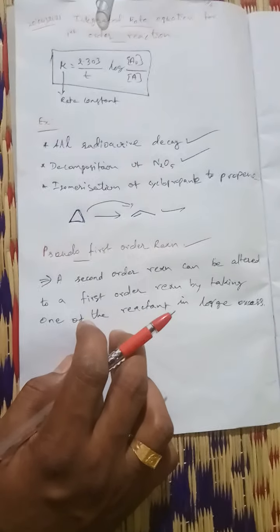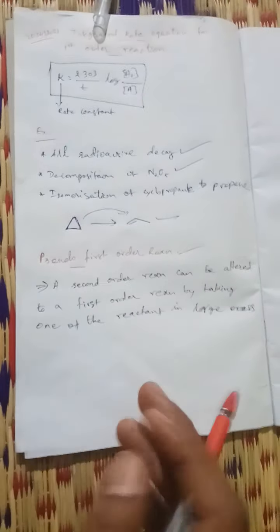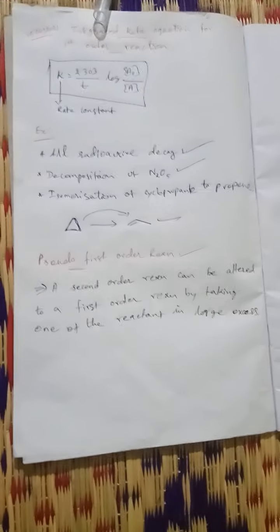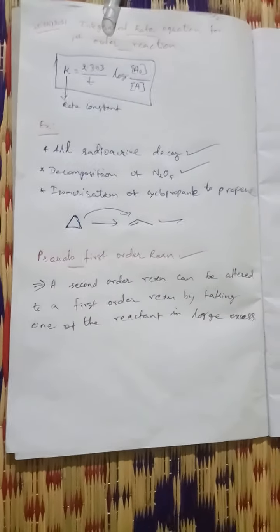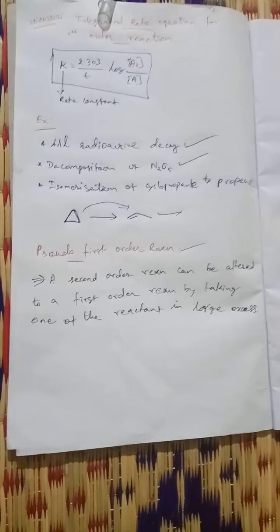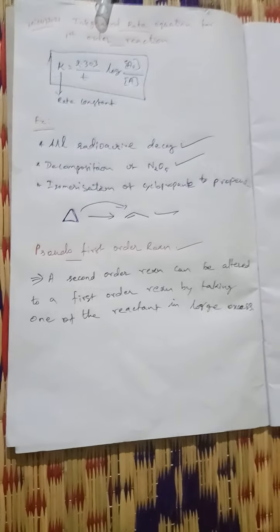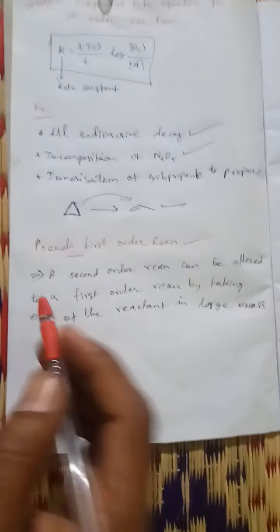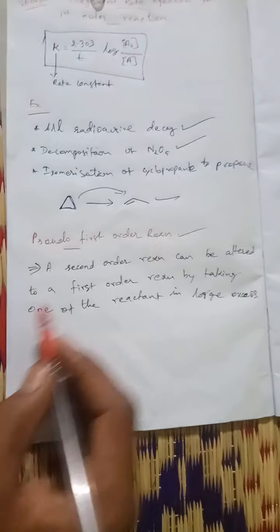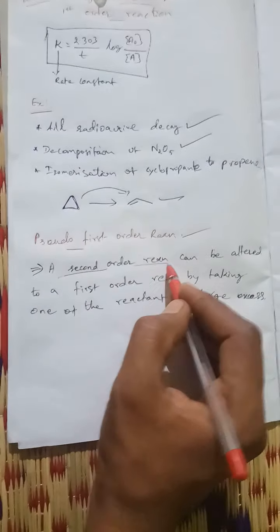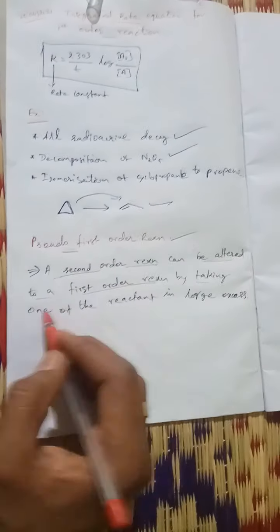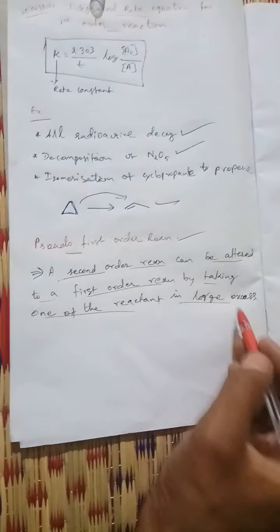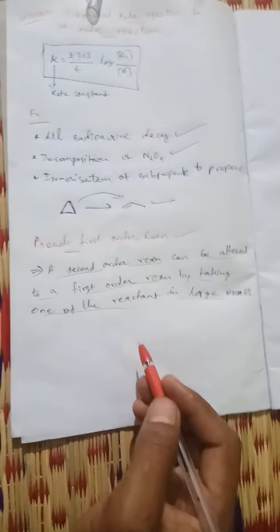Okay, that means any one of the reactants we take in large excess, and it will not affect the order of the chemical reaction. So pseudo first order reaction means a second order reaction can be altered to a first order reaction by taking one of the reactants in large excess.